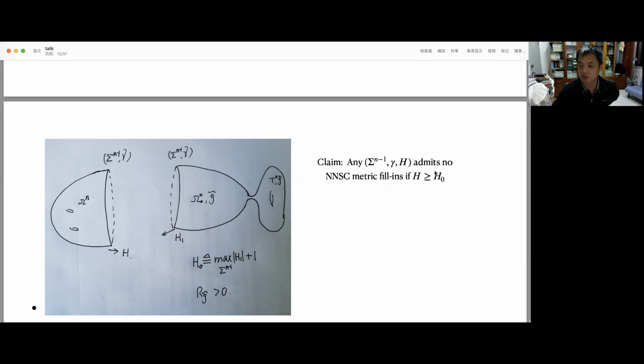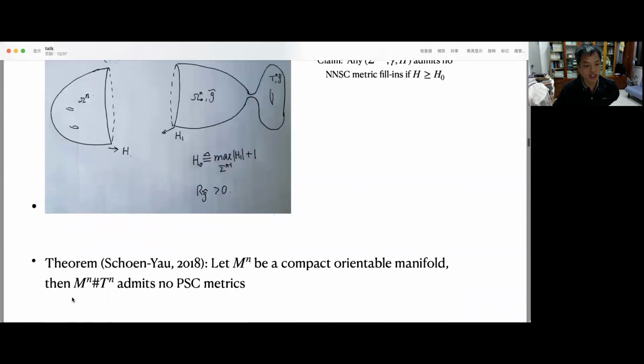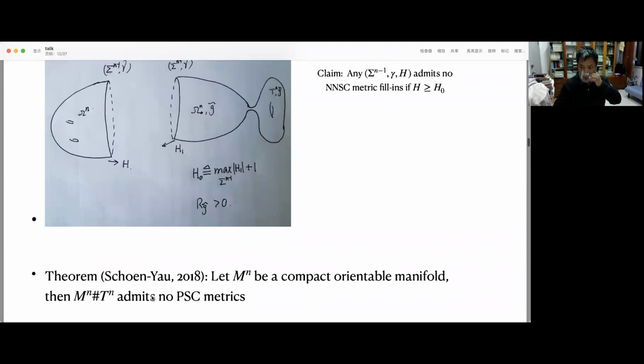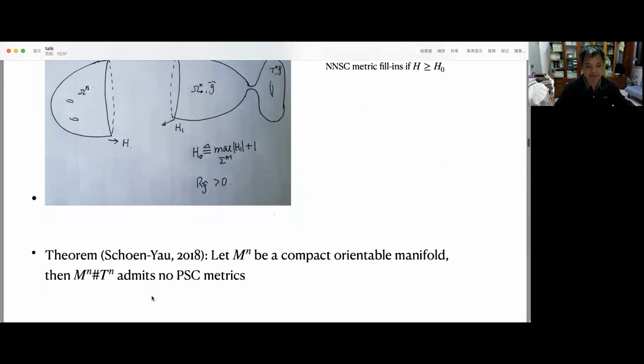And then we can smooth it and get a new smooth metric with positive scalar curvature everywhere. While the topology of the resulting manifold is like M n connected sum with T n, and this admits no positive scalar curvature metric. So this is the idea of the proof. Any questions? Okay, if there are no questions, I will go on.